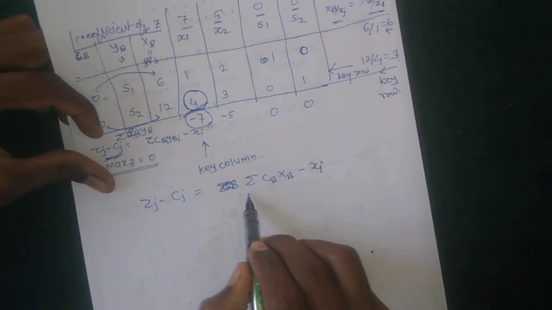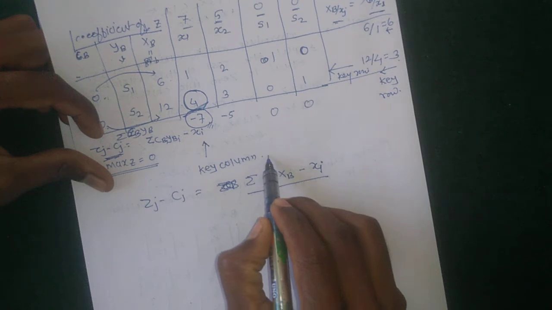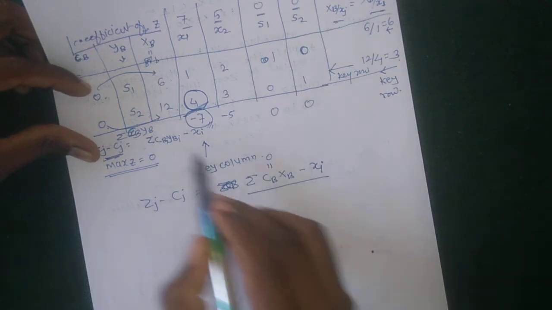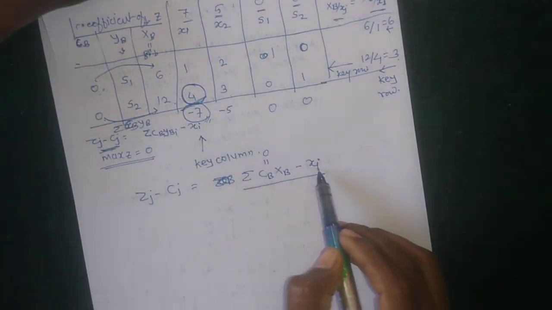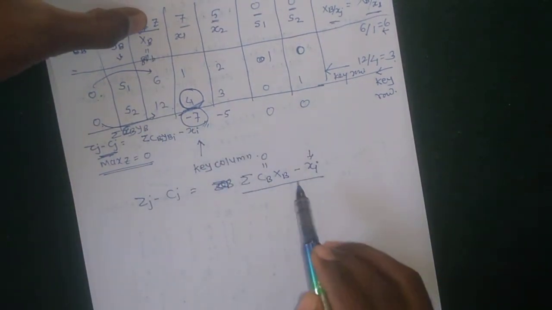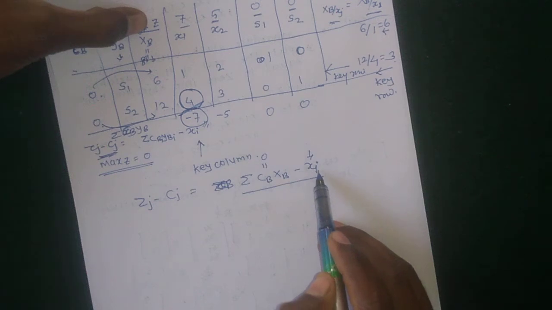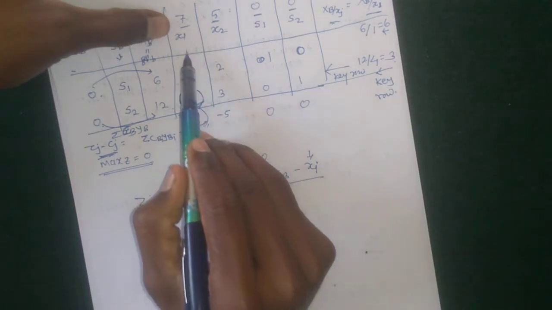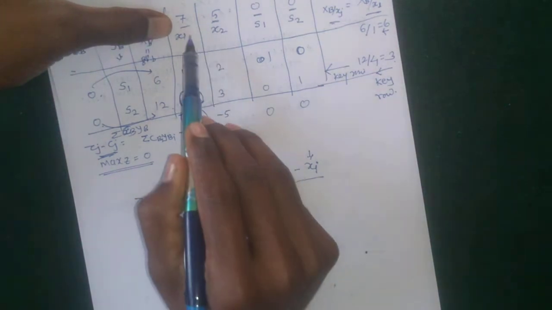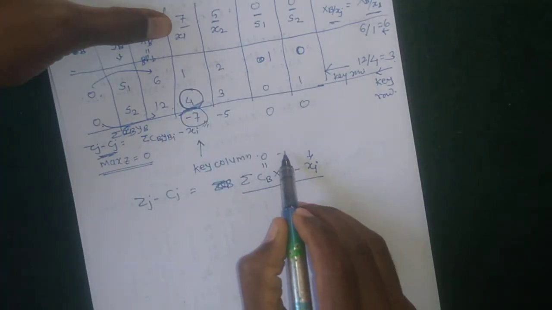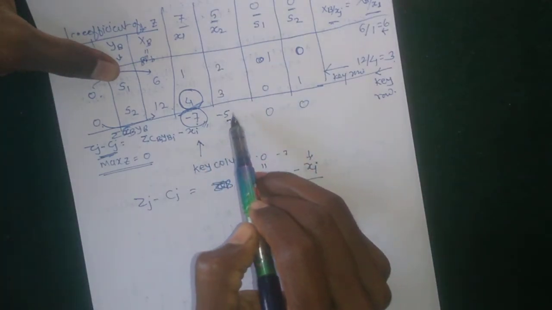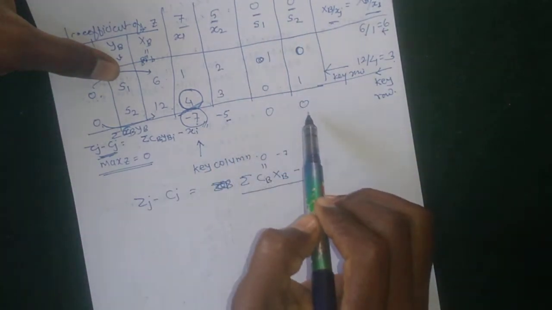So for each column, the summation of Cb times xb is equal to 0, because 0 into 6 is 0, 0 plus 0 is 0. Then 0 minus xi means the coefficient of x1 in the objective function, and the coefficient of x2 in the objective function. Here the coefficient of x1 in the objective function is 7. So 0 minus 7 is minus 7. Similarly 0 minus 5 is minus 5. Then 0 minus 0 is 0, and 0 minus 0 is 0.